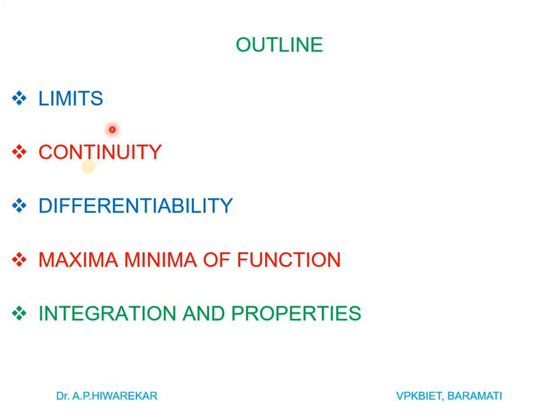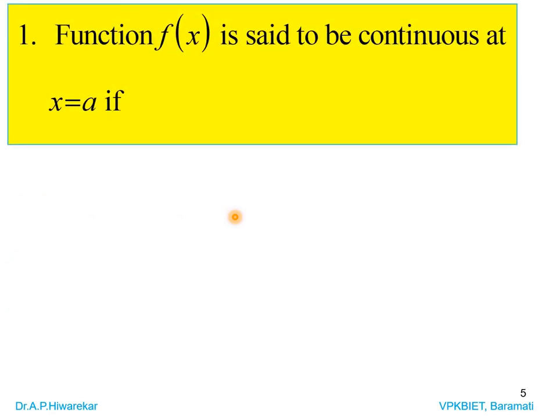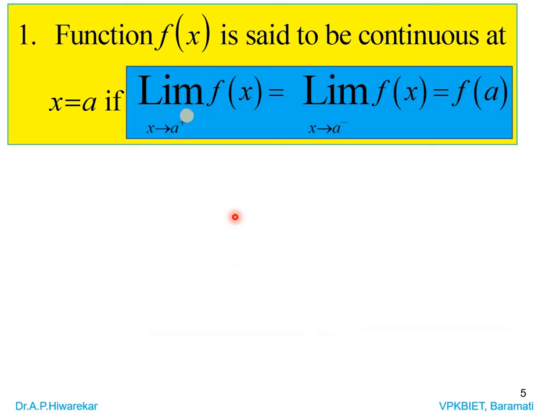So in this particular lecture we are going to discuss continuity of a function as well as differentiability of a function. A function f(x), these are the standard results, is said to be continuous if the left hand limit is equal to the right hand limit, which is equal to the value of the function at a.